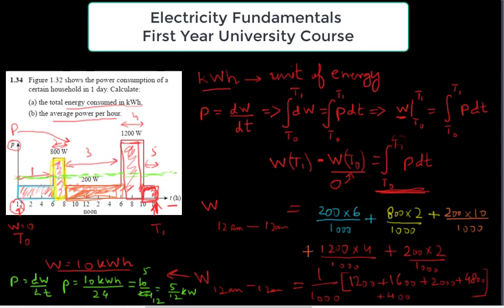In reality, the house is not going to consume a constant amount of power. Its power value is going to go up and down. So this is how we can solve examples of energy consumption in our homes and daily lives. This was one of the examples.